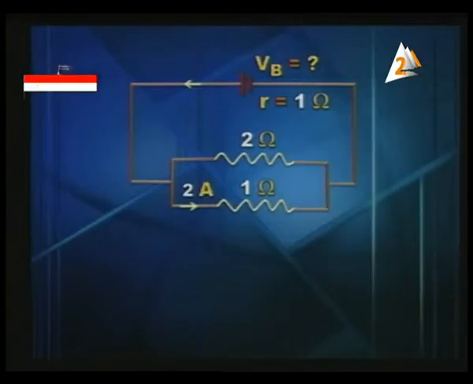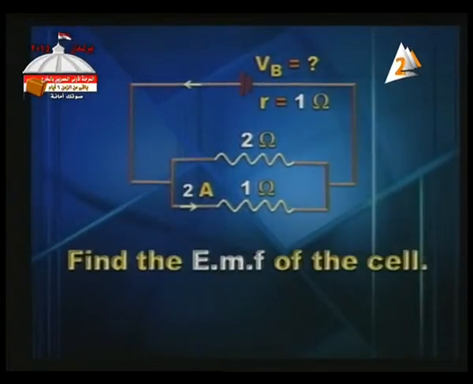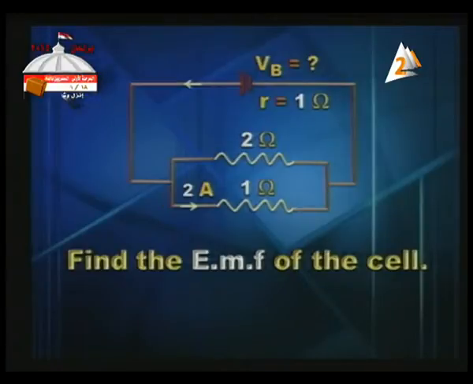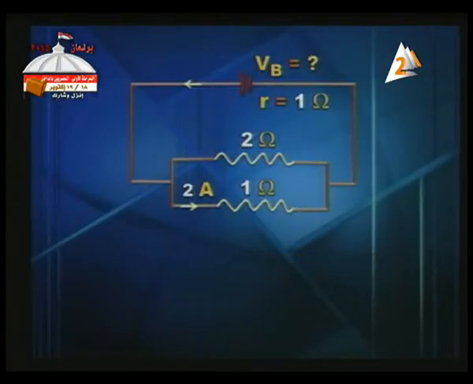Here we've got current and resistance, so we can determine the potential difference across the 1 ohm resistor, and of course it is the same across the 2 ohm resistor. We want you to find the EMF of the cell, V battery.